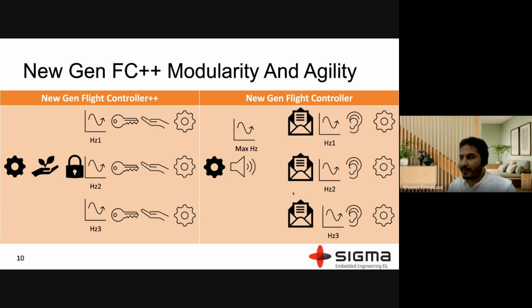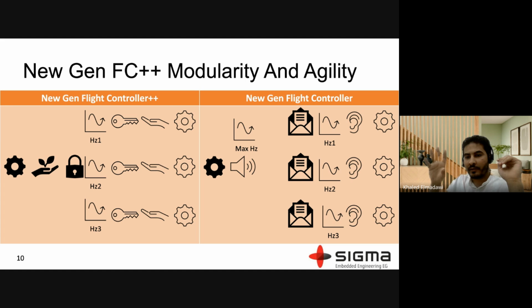If we take a small example, you have an application layer and control loops. One process processes the LiDAR point cloud and tries to make a map out of it, matching the point clouds together.